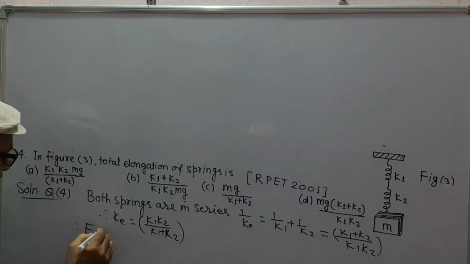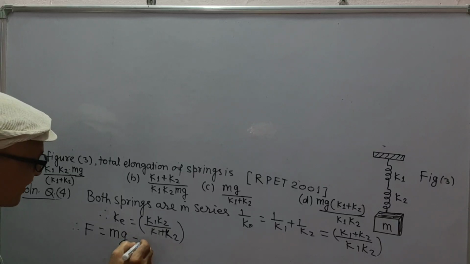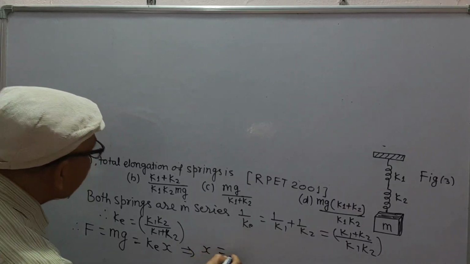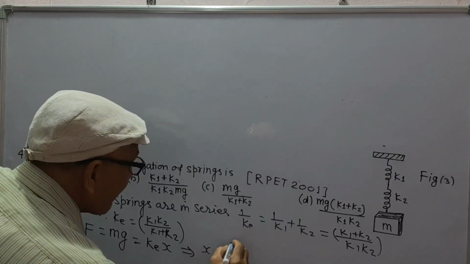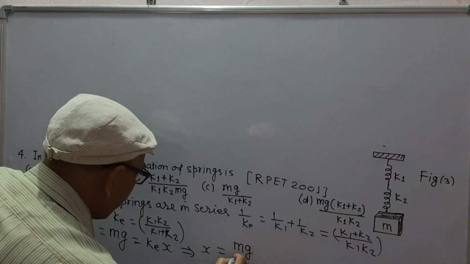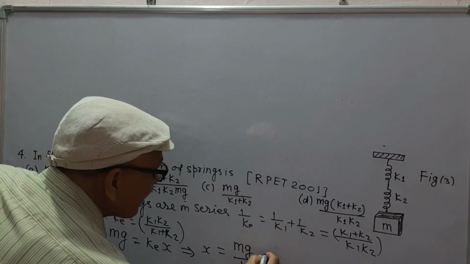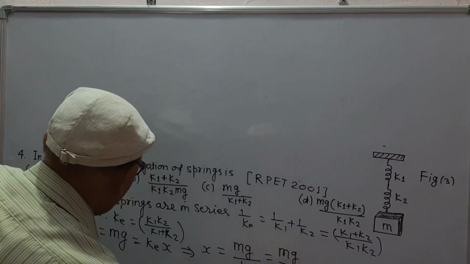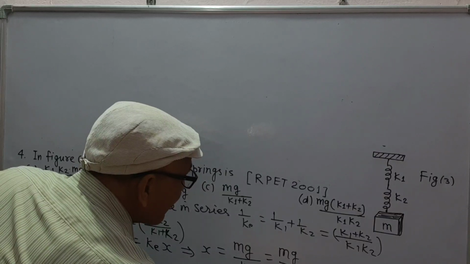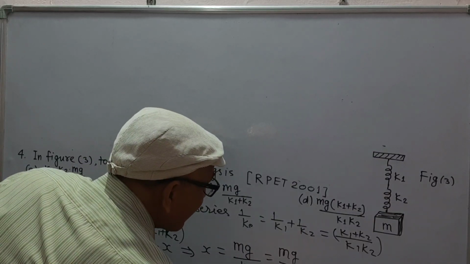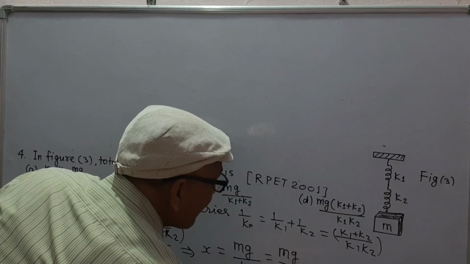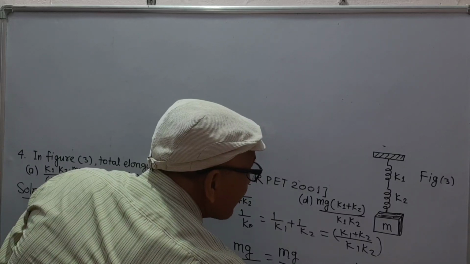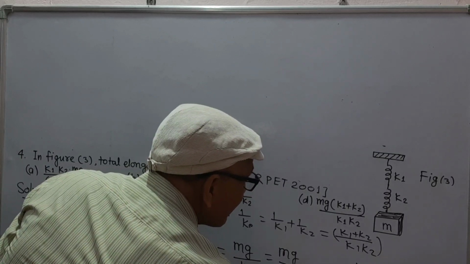Therefore, F will be equal to mg is equal to K effective into x, which gives x as mg upon K effective, which gives mg into K1 plus K2 upon K1 K2.